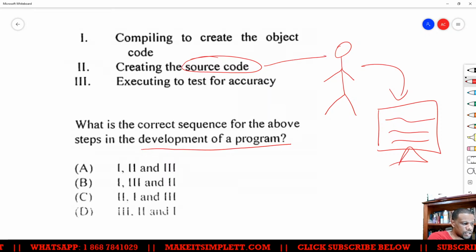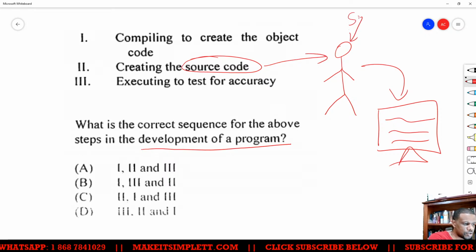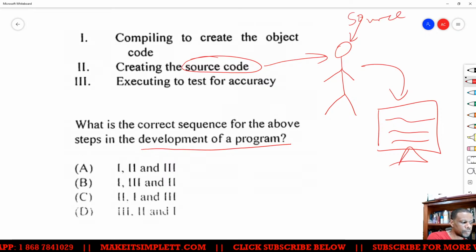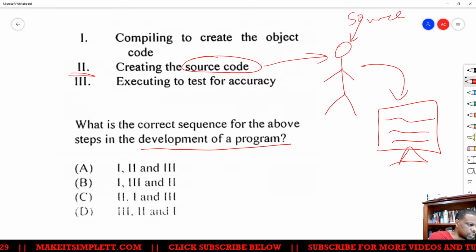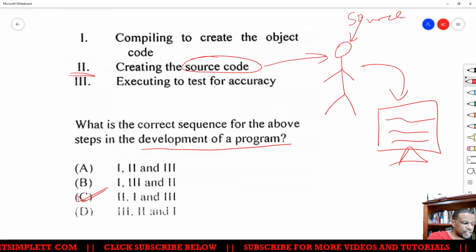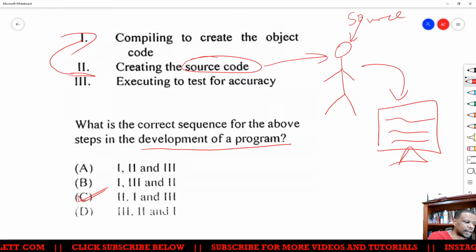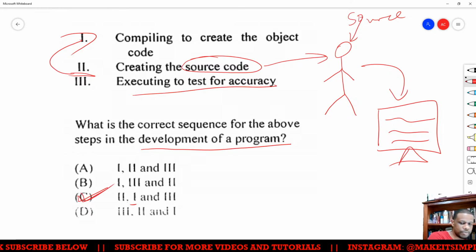Remember, source code is coming from the source. The human is the source of the code. So the source code has to get created first, so therefore 2 must be first. Basically the answer is going to be C. After you create the source code, you click compile and then create the object code. And then after you create the object code, you will execute it and test for accuracy. So that'll be C.